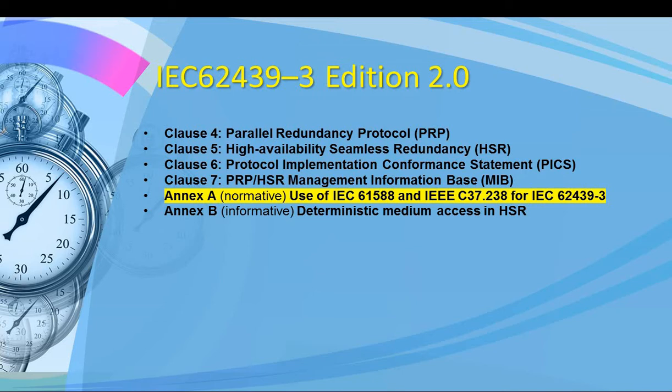These 4 clauses are the same as before. Newly introduced Annex A uses IEC 61588 and IEC 37238 for the IEC 62439, which means this is the first version to support 1588 in the PRP and HSR network. And Annex B covers some media access in the HSR network.